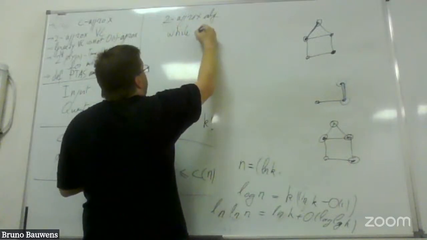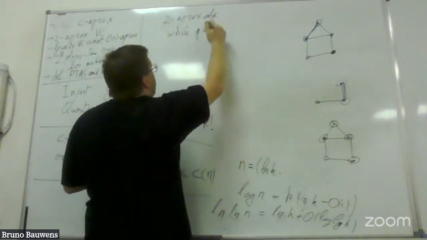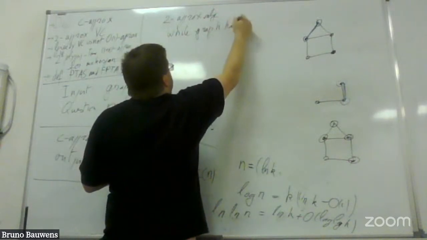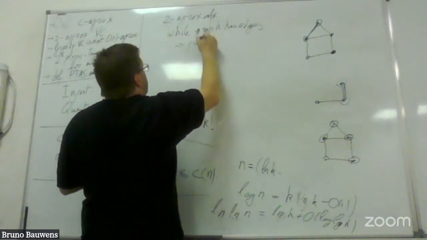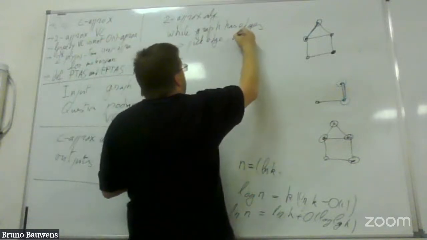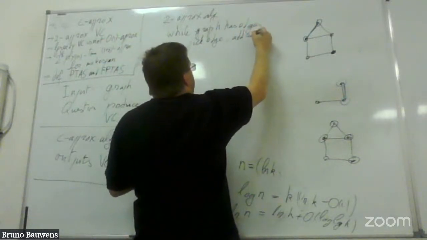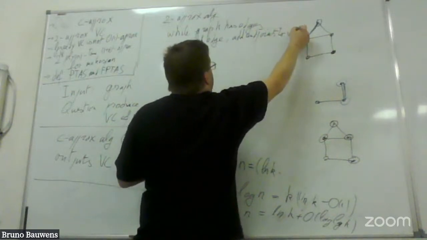While the graph has edges, pick an edge and add its endpoints to the vertex cover.